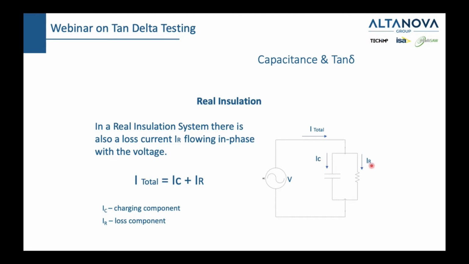So the total current is the sum of the charging component and the loss component. The charging component is much, much bigger than the resistive component, but the resistive component, as we said before, is not zero.